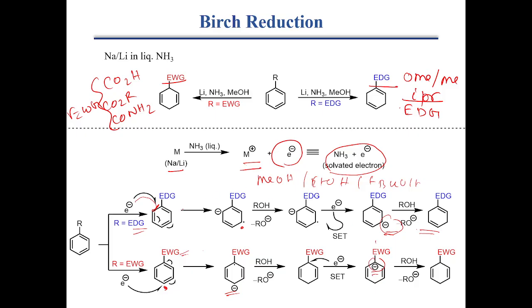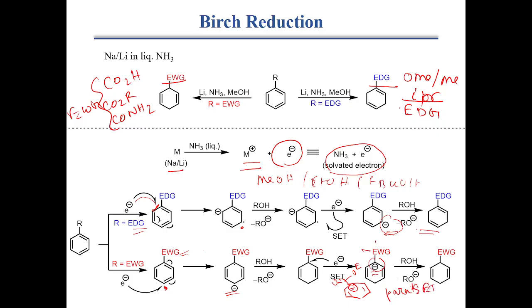Why does the single electron transfer occur in the ortho position for an electron donating group or the para position for an electron withdrawing group? In the presence of any electron withdrawing group, such as this one, I am writing acid, it forms this anion if it happens through para single electron transfer.